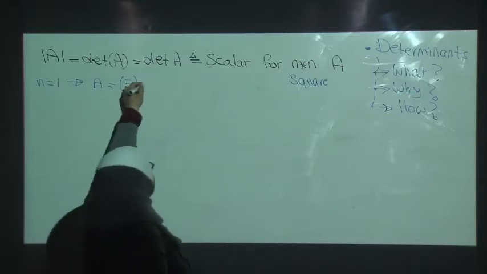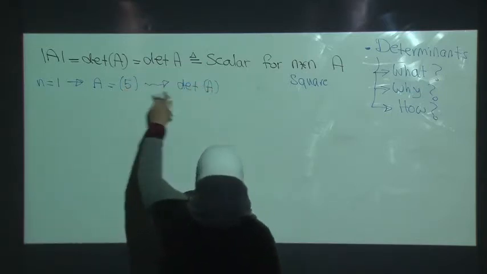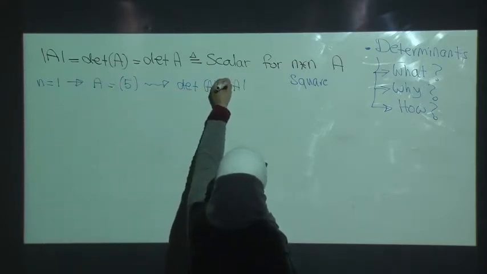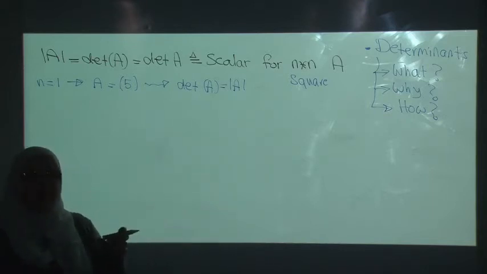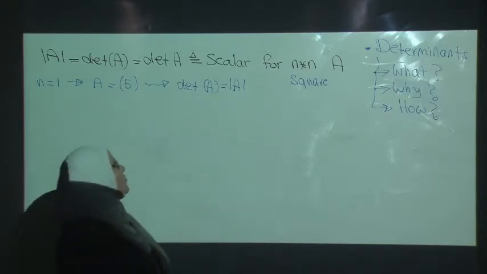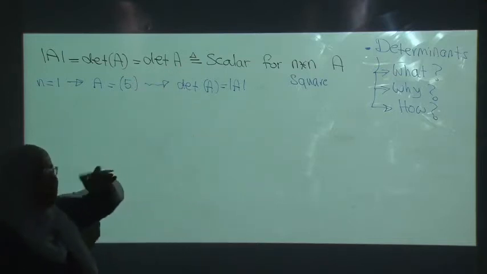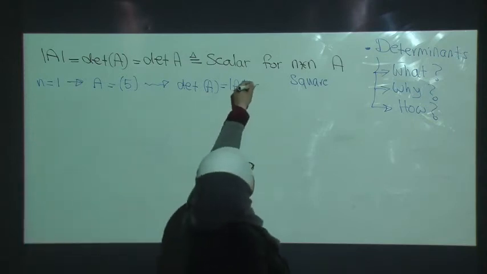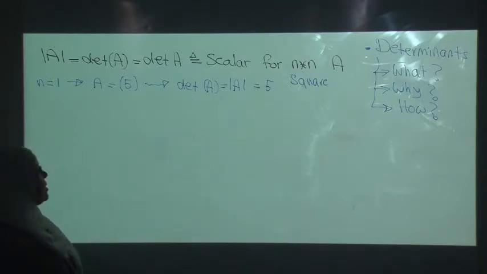The determinant of this matrix will be denoted by det of A, or A with double bars, like the absolute value we use with scalars, or we can simply write A without brackets. So the determinant here is, of course, exactly the same value. There are no elements to apply operations to.